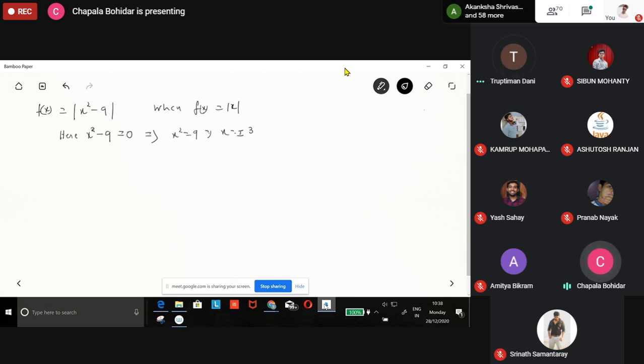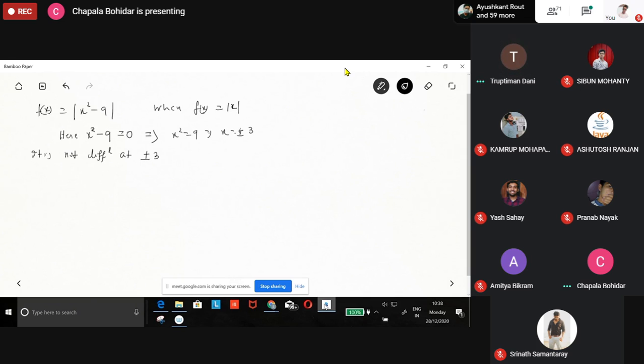When I put x equal to plus 3, I get 0, and when I put x equal to minus 3, I get 0. So we say that the absolute value function is not differentiable at plus minus 3. Clear to all of you?